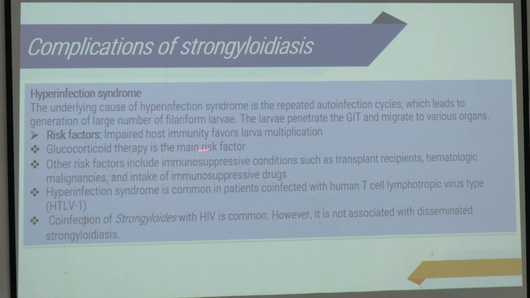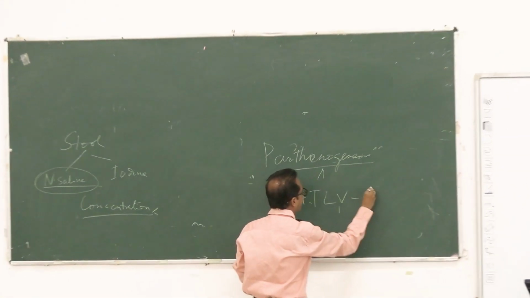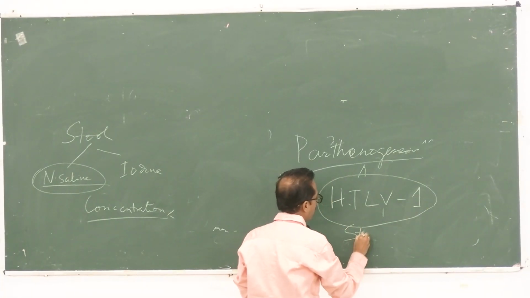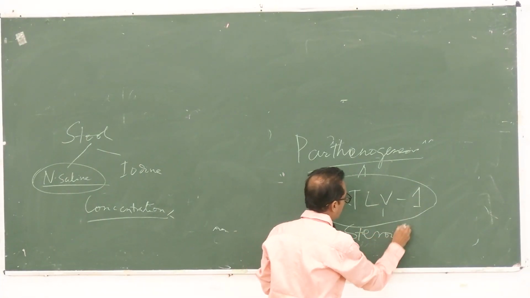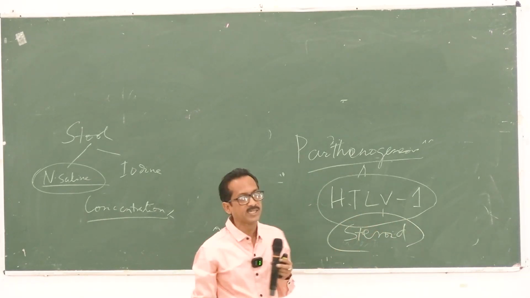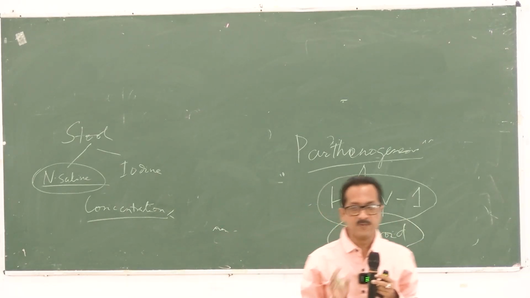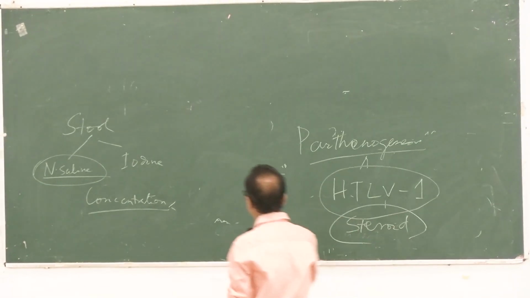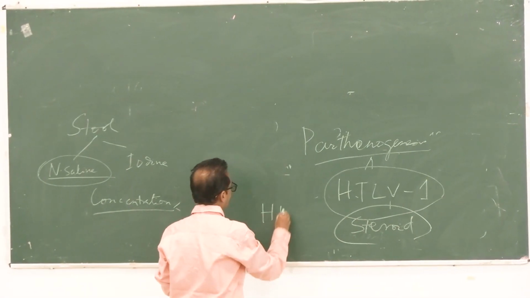Now, impaired host immunity and glucocorticoid therapy. So you remember the two. One is HTLV1 infection, and the other is steroid therapy. Patients on glucocorticoid. These are the two types of patient where hyperinfection syndrome occurs, and also in HIV patients, but with less frequency.